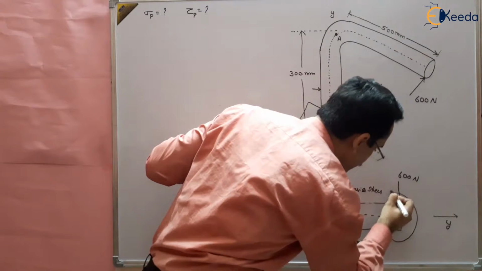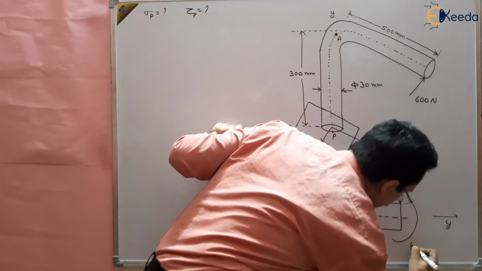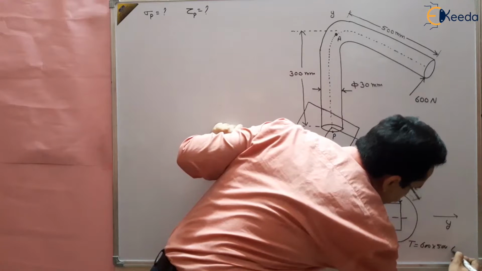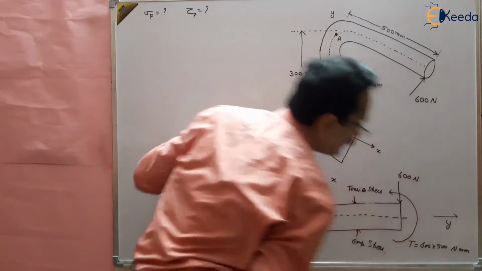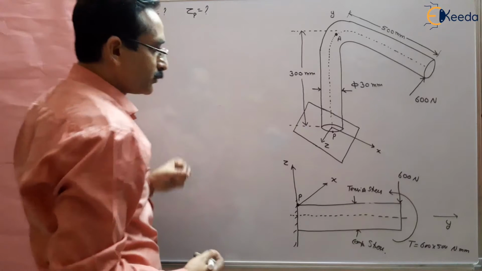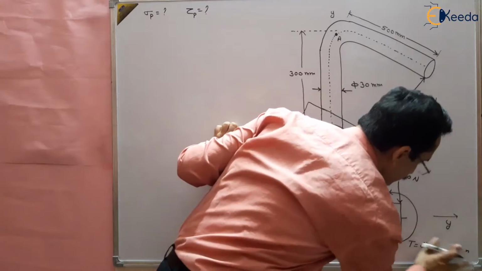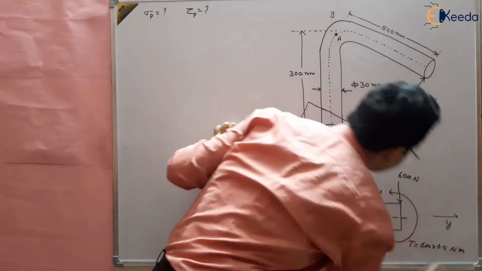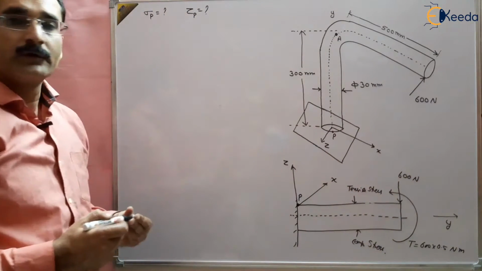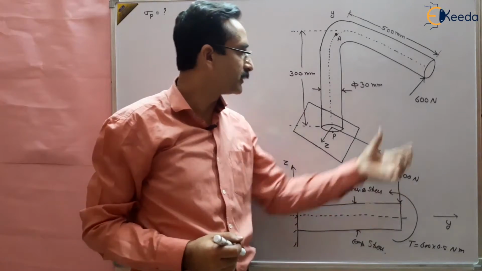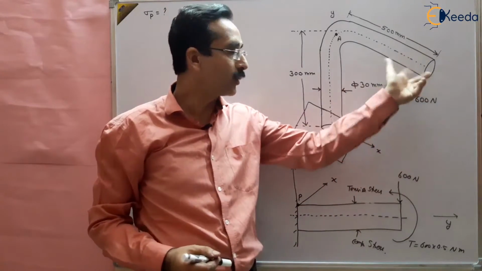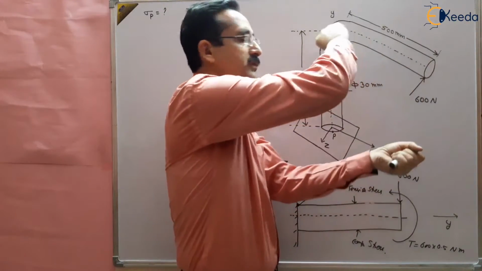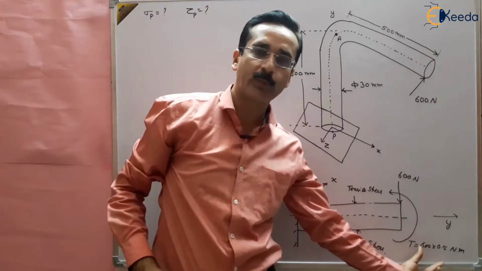So the torque is equal to 600 multiplied by 500 Newton millimeter, or 600 multiplied by 0.5 Newton meter. This is the combined effect of the 600 Newton load: the torque trying to twist this.